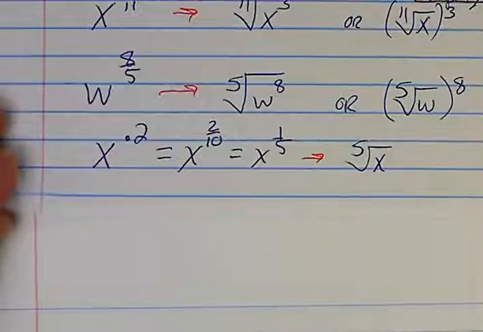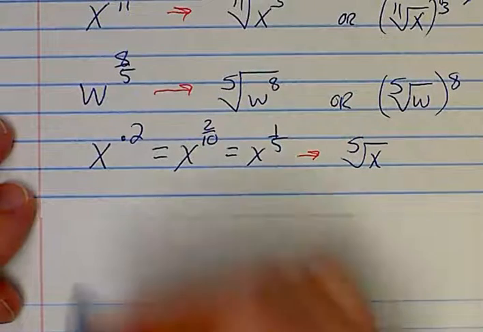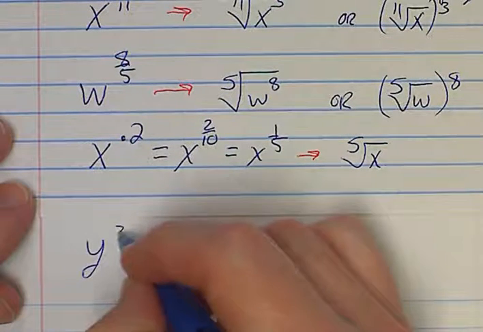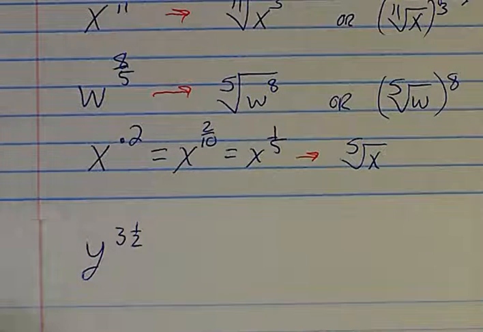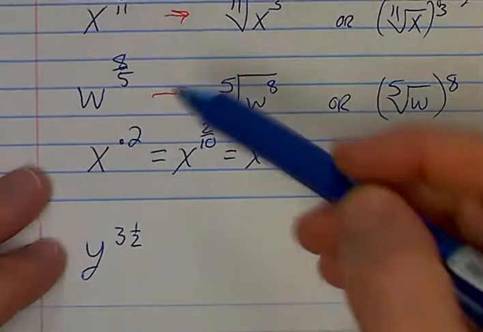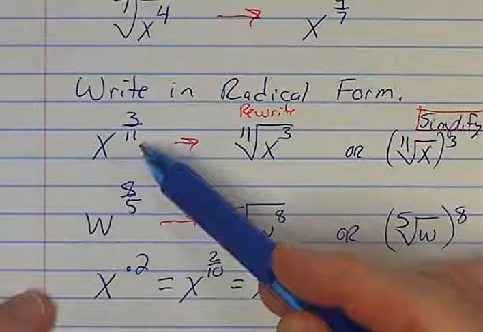Okay, and one more. Let's go with y to the 3.5 power. Okay, same kind of thing. It's a mixed number, and we really want just a plain fraction. And it's okay if it's improper. Up here on the early two examples, this was 3/11.